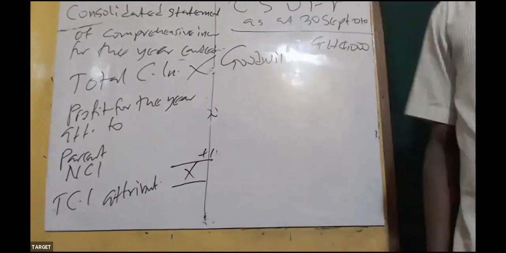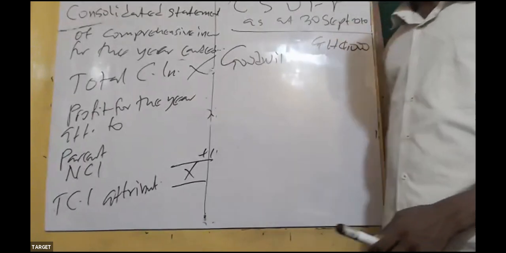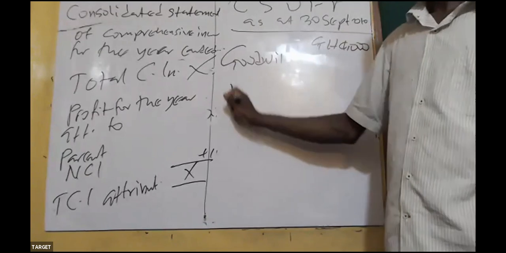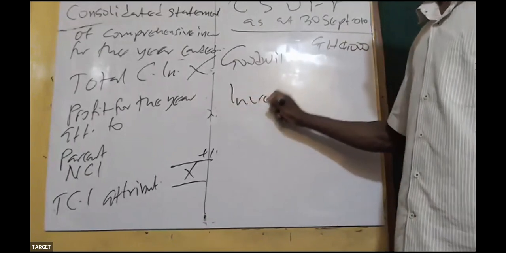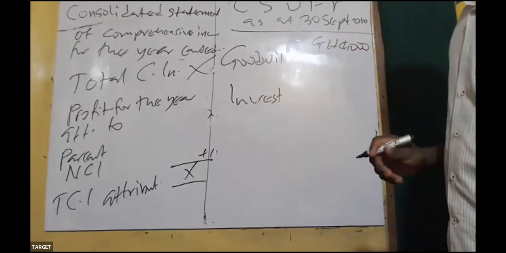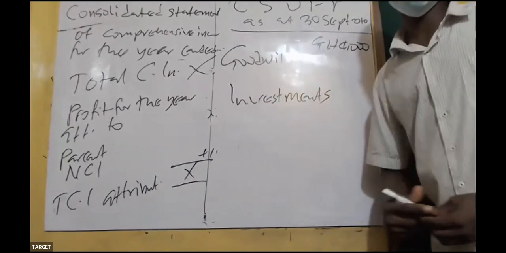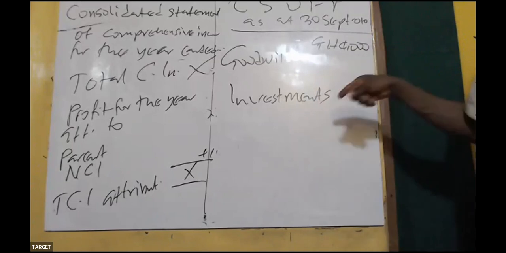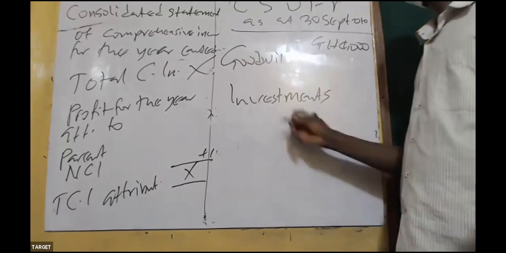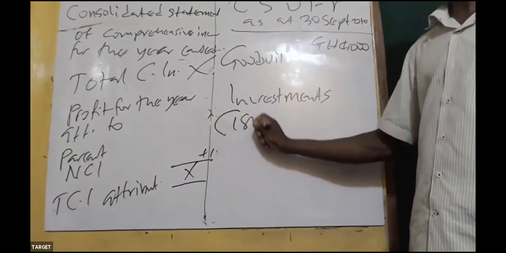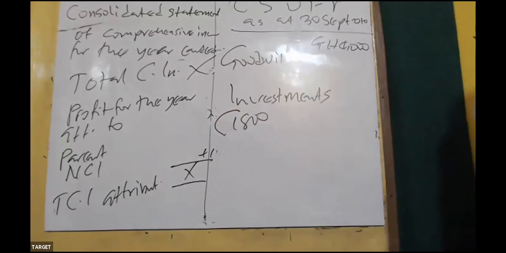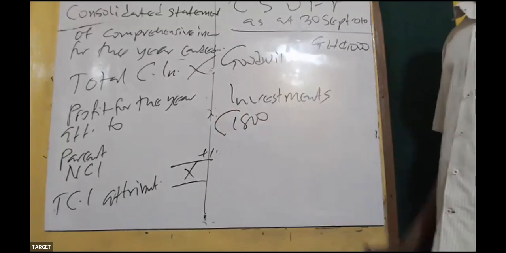Now let me explain these two terms. They are not the same. They are treated differently. When you see investments, only the term investment, kindly consolidate it. Bring it, open a bracket, the 1008, bring it like this and leave it. They are going to adjust it.